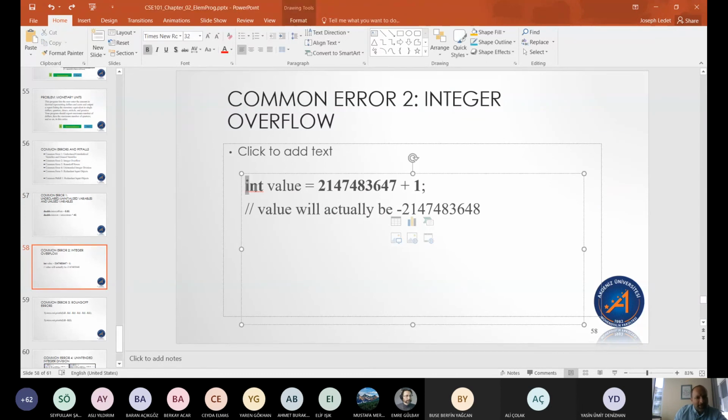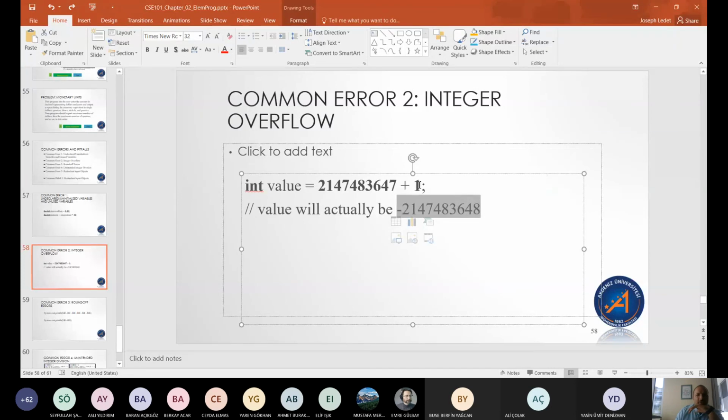All right. Integer overflow. Remember that inside of an int, we can only have a certain size value. It can only have so many bits, so it can only be a certain size. If we try to add one to it, we're going to have what's called an integer overflow. Because of the way binary is represented, this value will actually be a huge negative value.